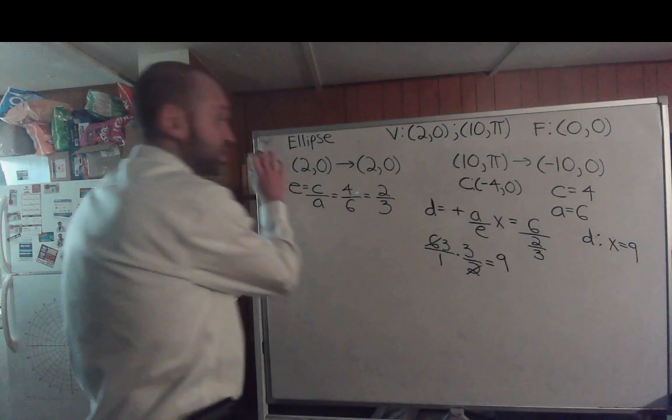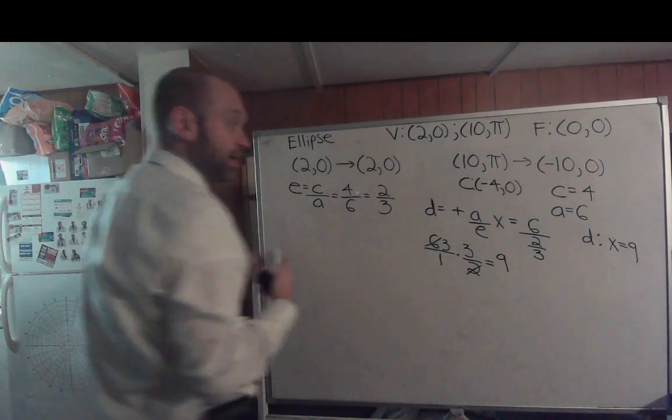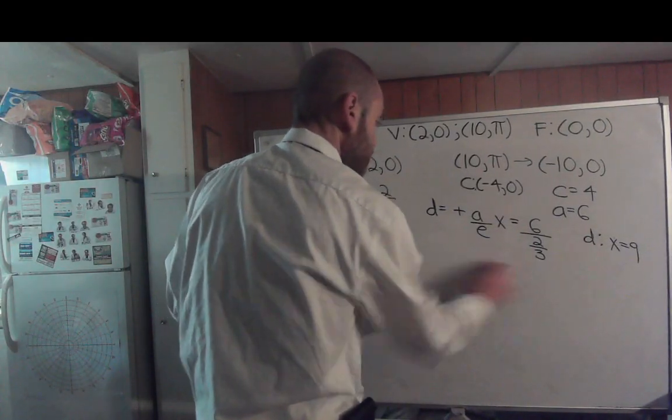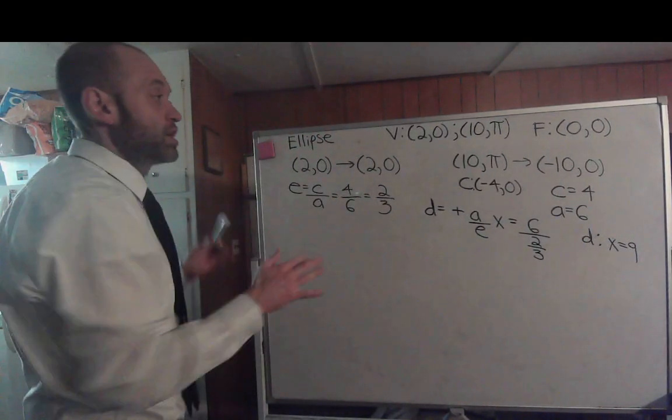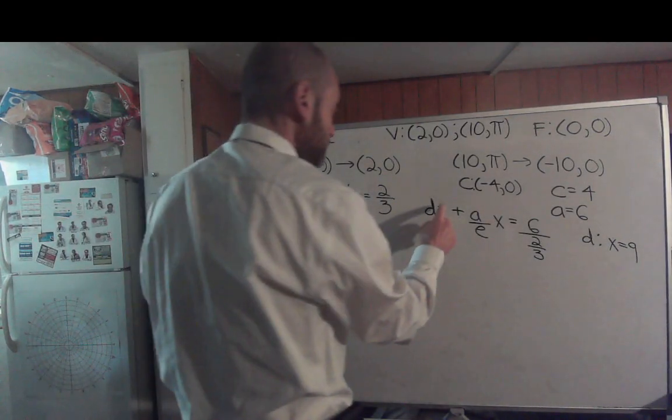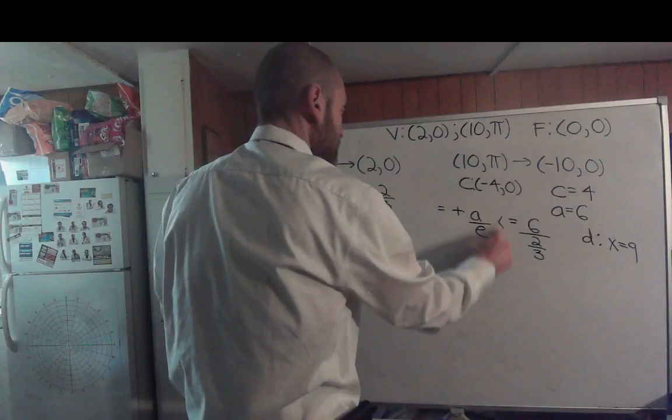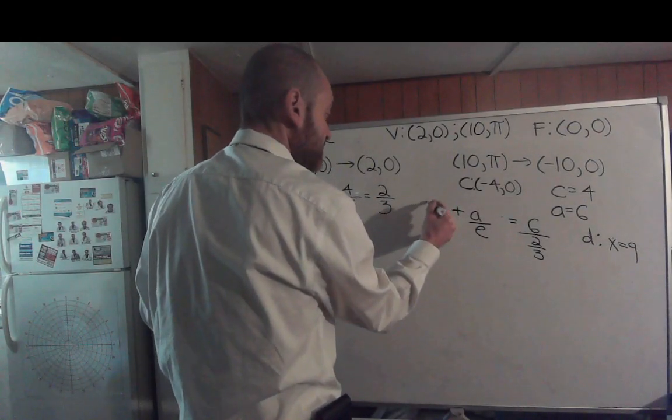So the directrix is actually all the way at x equals 9. So that just shows you how unequal everything is. I should say that x equals that, excuse me.